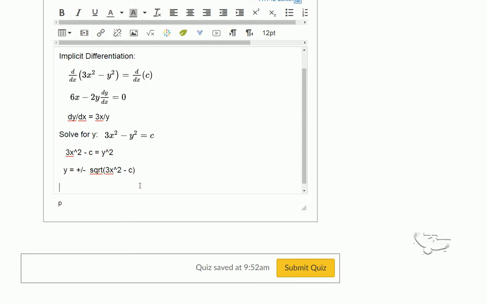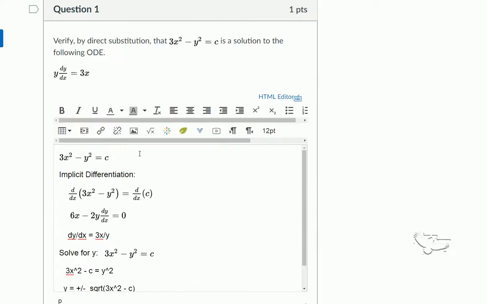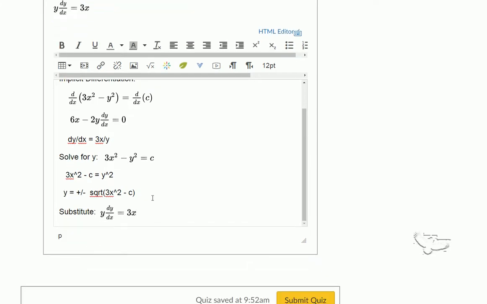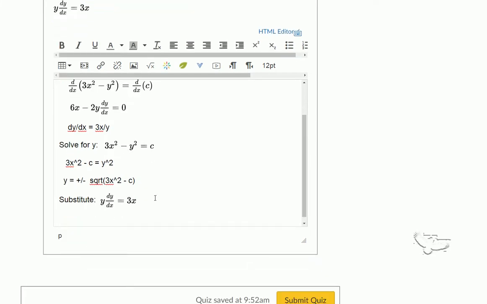And now I could substitute. I'm going to substitute into this equation. I'm going to copy it, paste it. So I know that y is, I would have to do this twice, once for the positive, once for the negative.